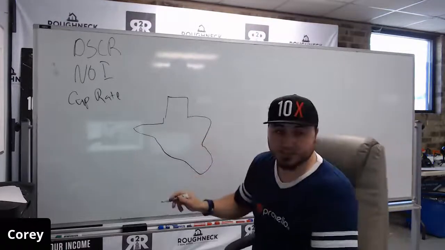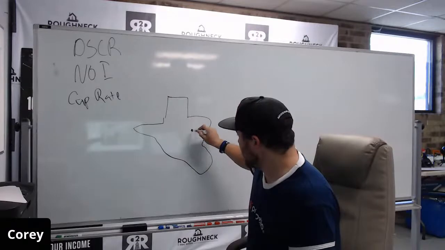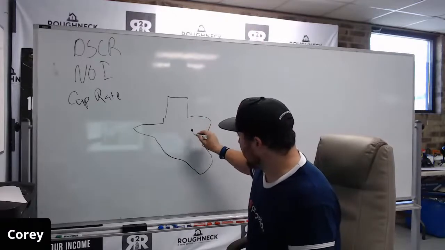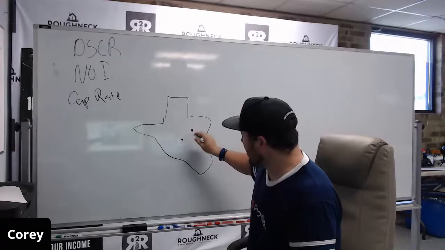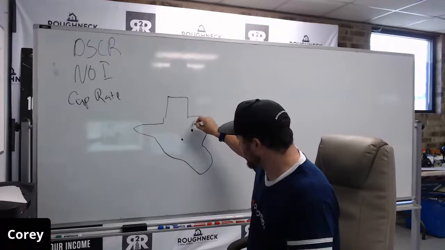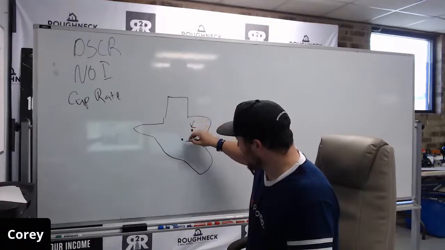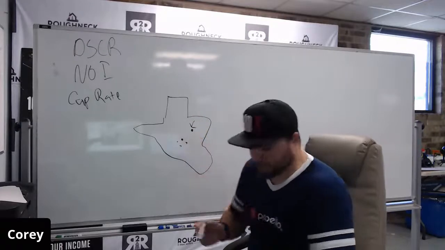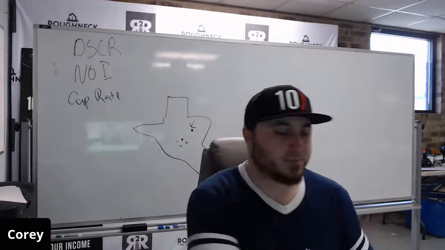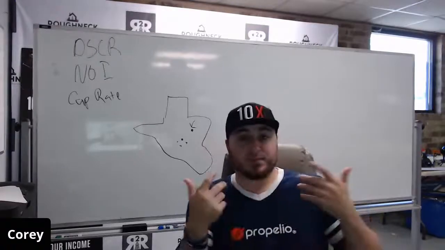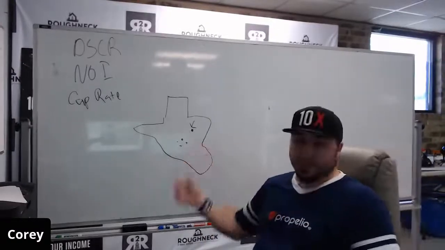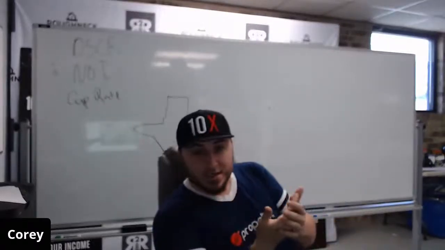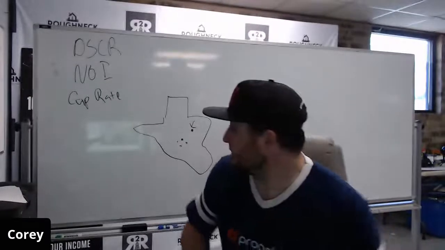When we got our appraisal back, our mobile home park is here. The appraisals came from down in here. The reason why was because the appraiser got to pick which comps he wanted to use. Now, the sales approach is based off of the cap rate.